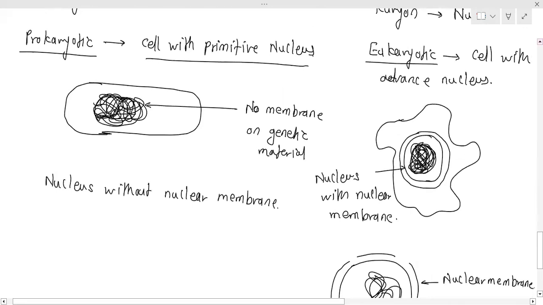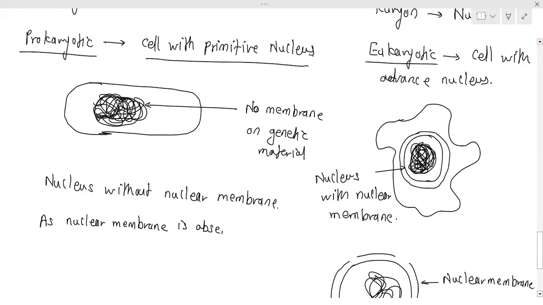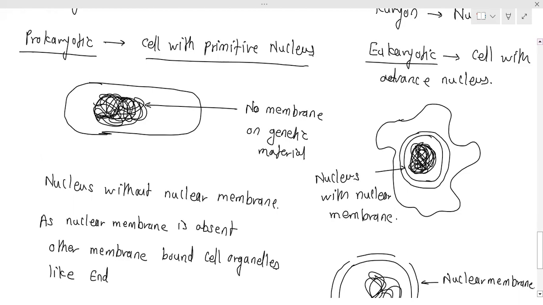As the nuclear membrane is absent, other membrane-bound cell organelles, like the endoplasmic reticulum and the Golgi apparatus, are absent.